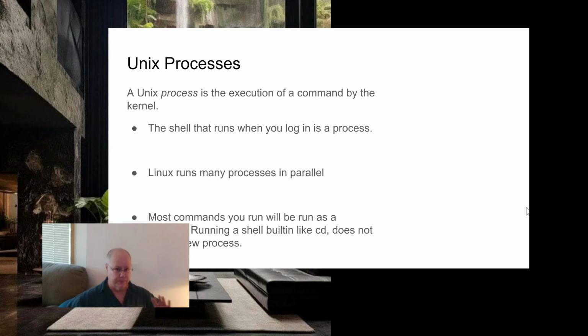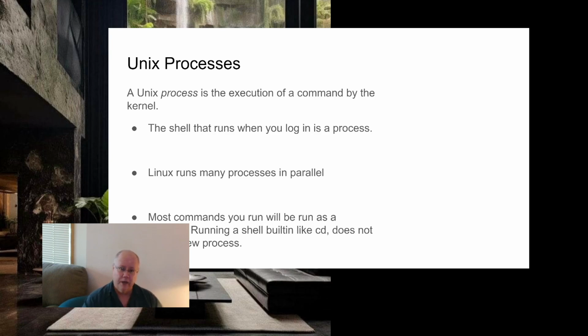So a Unix process, in my view, you can think of it as the execution of a command. If you log in, the bash shell that runs when you log in is a process. Linux runs lots of processes in parallel. In fact, the entire activity is a hierarchy of processes, which we'll see.